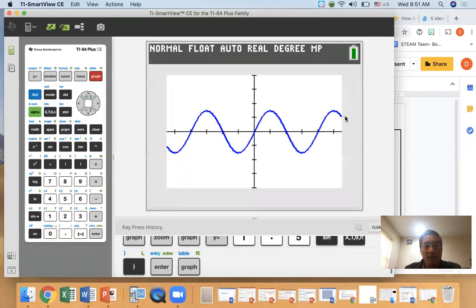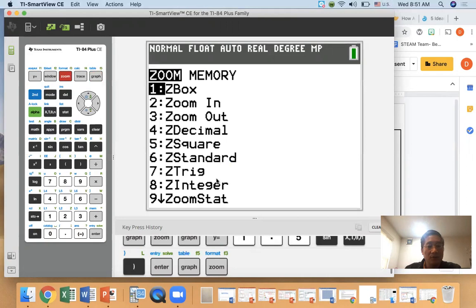Oh, it's not flat, right? But if it is flat, what should you do? You go to the zoom and find the trick, then you will see the graph. So let's go there.